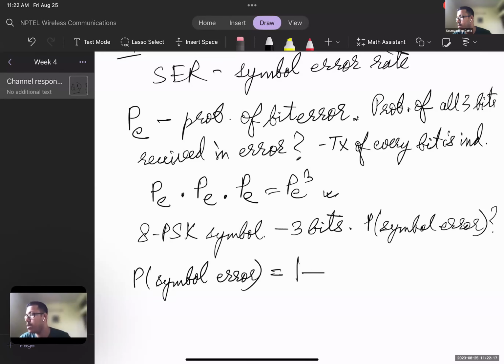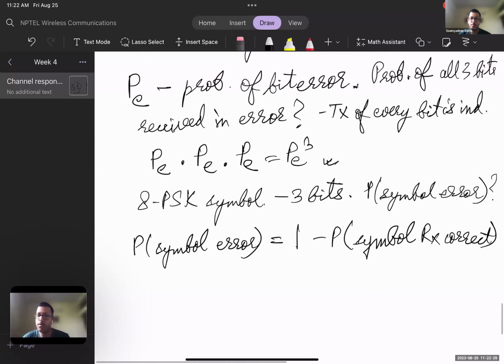So the probability that the symbol is in error is 1 minus the probability that the symbol is received correctly. I hope this is clear, right? And why did I do this? Because it makes it simpler. Now I can look at the probability of the symbol received correctly.